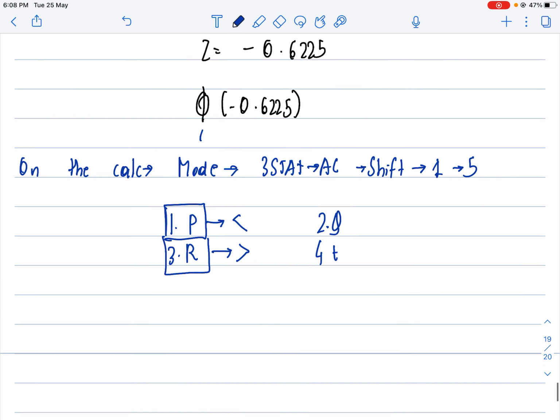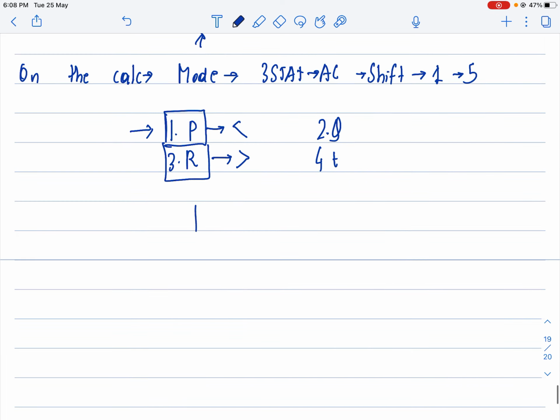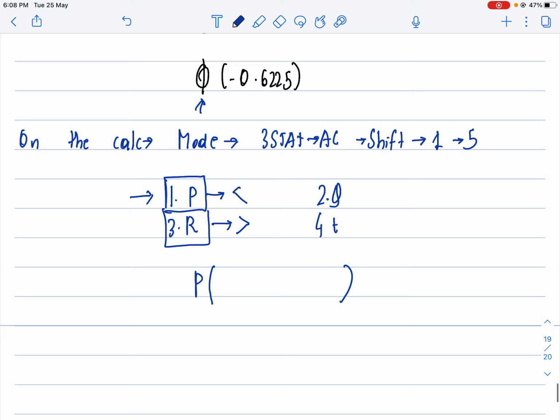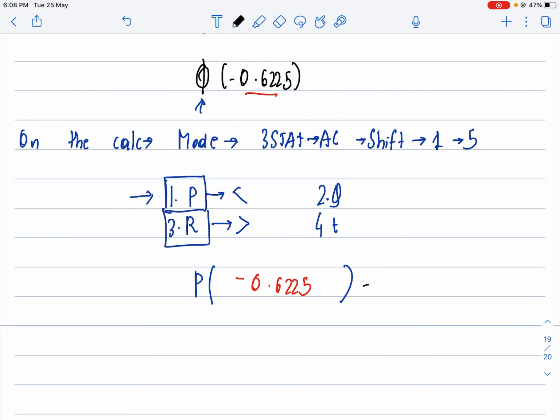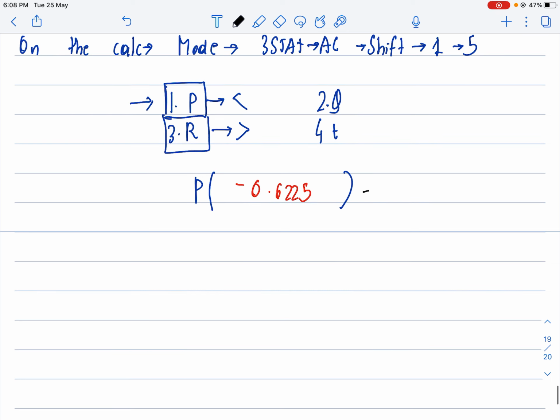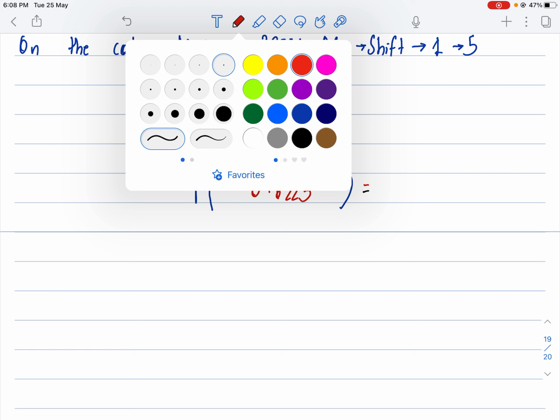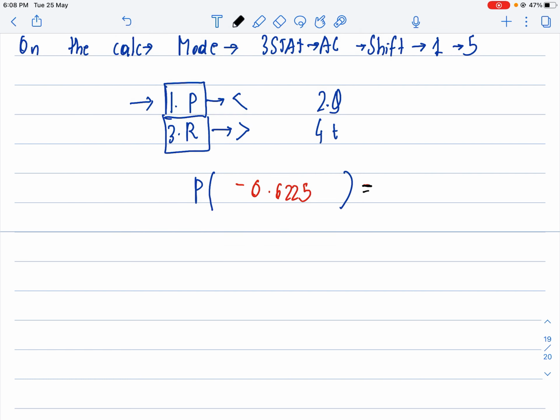Here we need less than of the z value, so we click on 1. We get P, and in the bracket we write minus 0.6225. Agreed? Now when I solve this on the calculator, I get my answer as 0.267, which is the probability of a type 2 error.